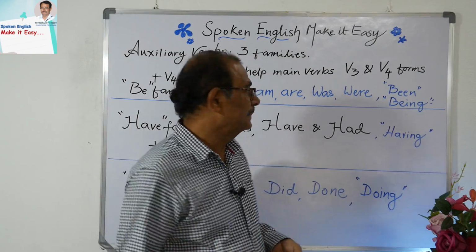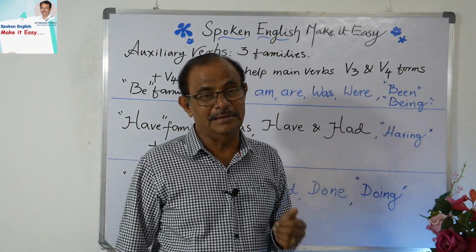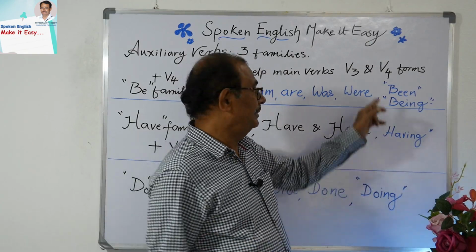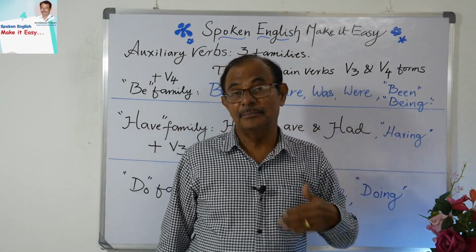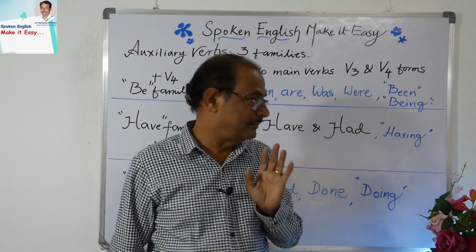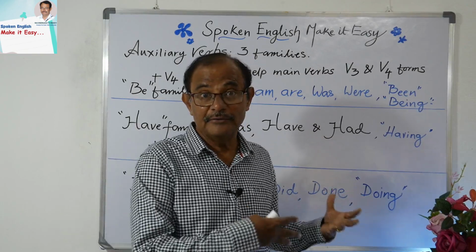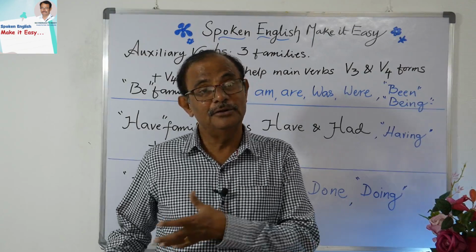Got my point? Then being is also there. Being is nothing but the progressive form of the be family, the present participle of the be family, and having is the present participle of the have family, and doing is the present participle of the do family.